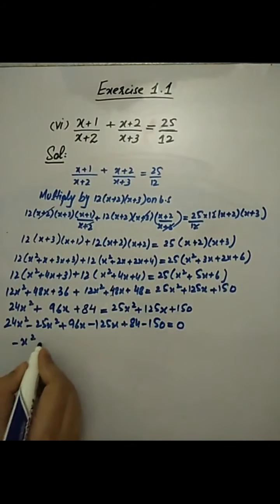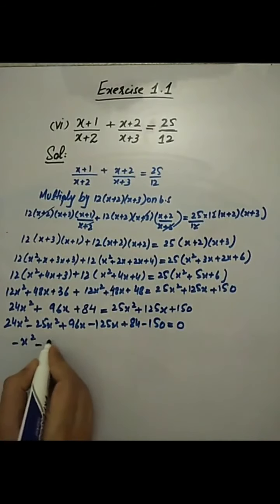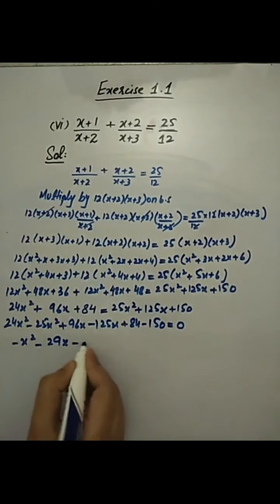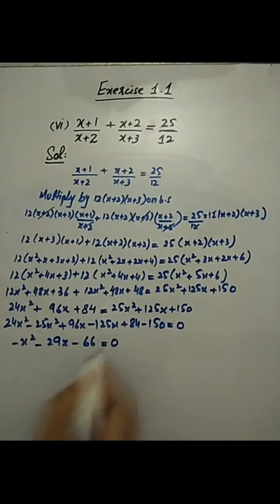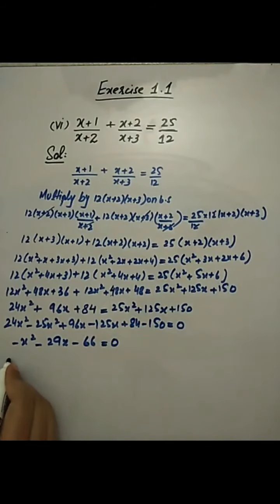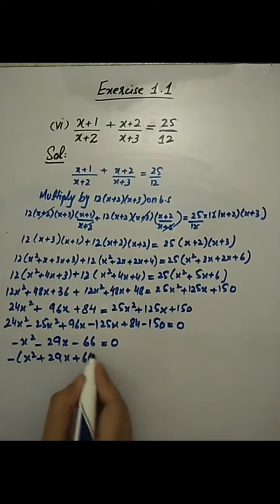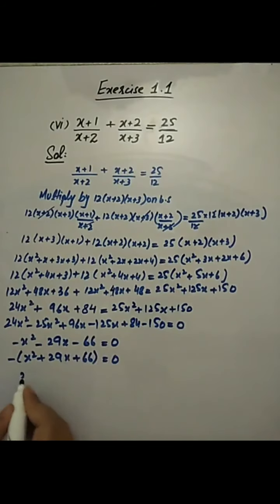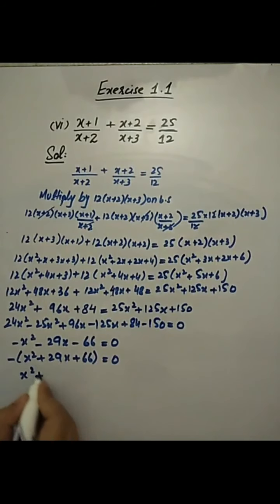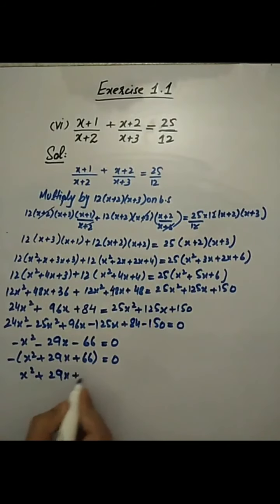Minus x square minus 29x minus 66, which is equal to 0. You have to take minus common. X square plus 29x plus 66 is equal to 0. X square plus 29x plus 66 is equal to 0.